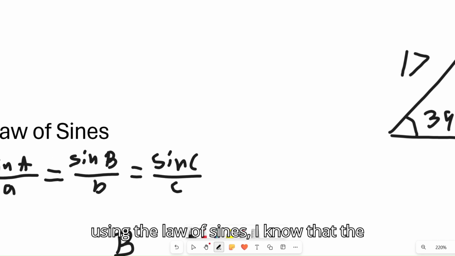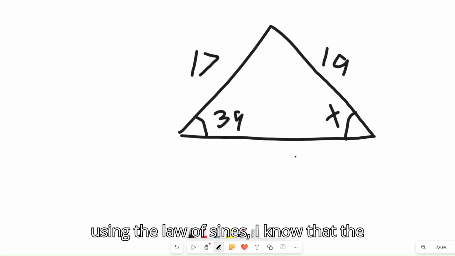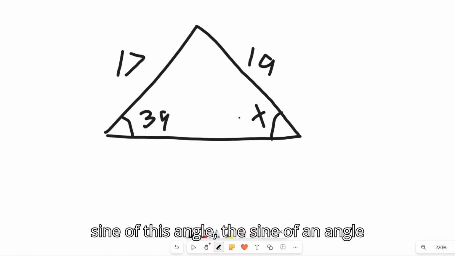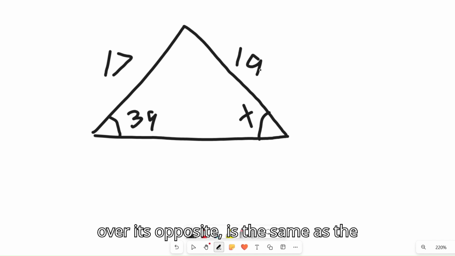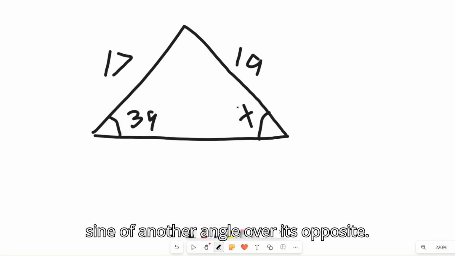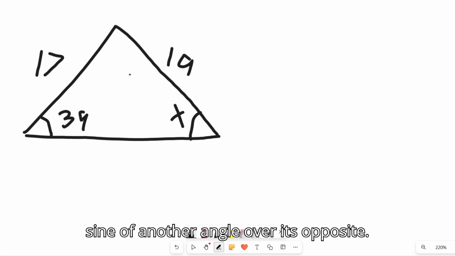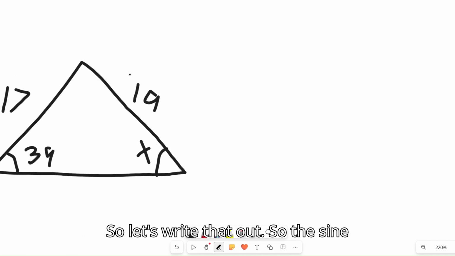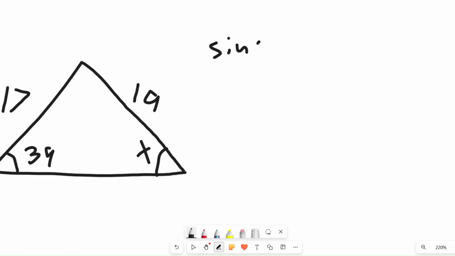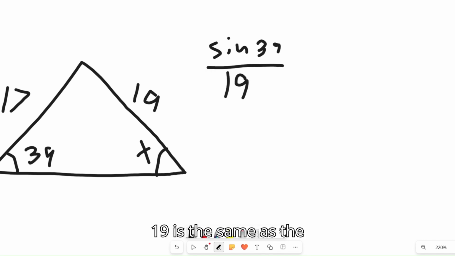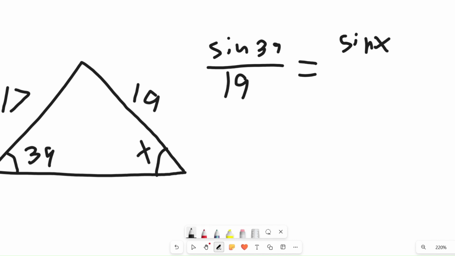So, using the law of sines, I know that the sine of an angle over its opposite is the same as the sine of another angle over its opposite. So let's write that out. The sine of 39 over 19 is the same as the sine of x over 17.